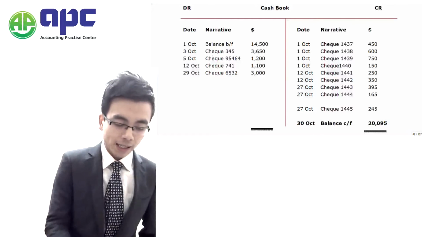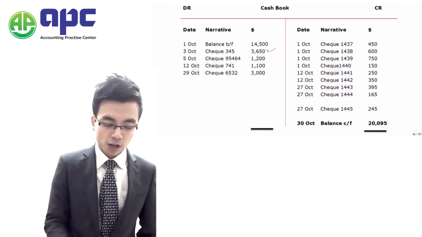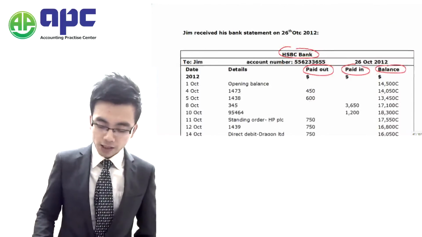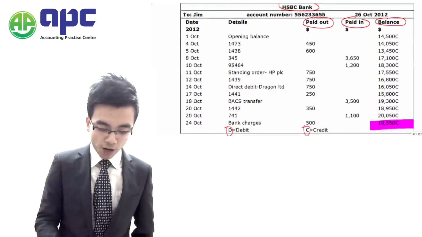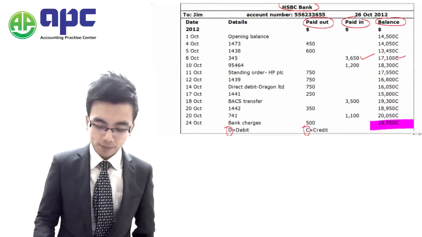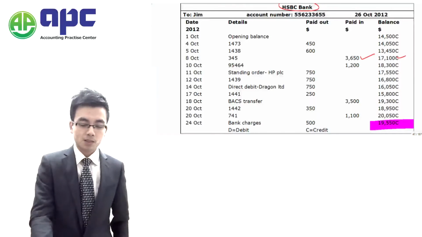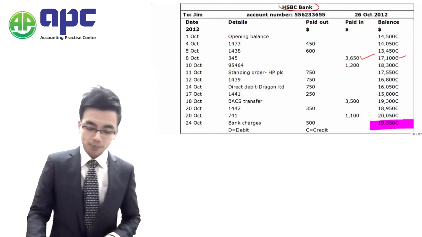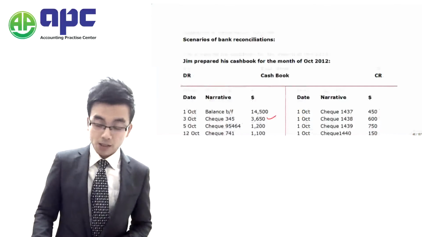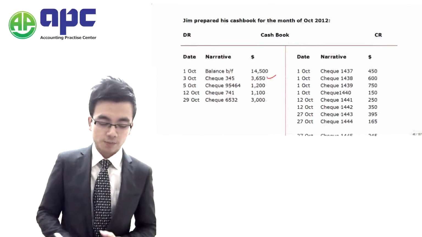So firstly, let's have a look at the check 345. So 345, tick for that. 345 appears here, so of course we don't have to adjust for it, because there's no time difference here, as it's been updated on both sides.